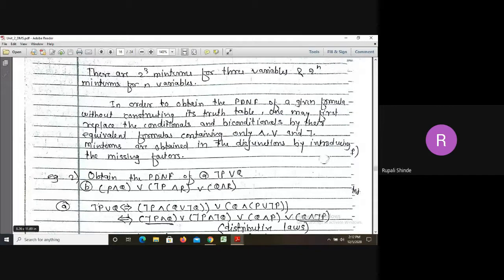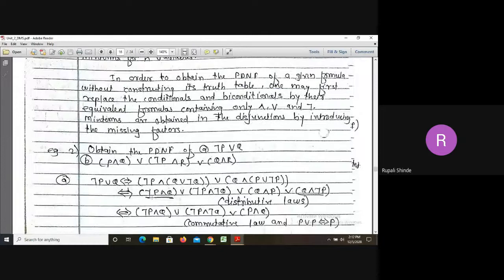First of all, we will see which variable is missing for these two terms. If we consider the first term, negation P, here Q is missing. So we have to add that term explicitly: negation P and Q or negation Q.